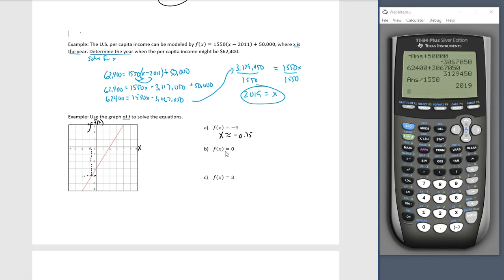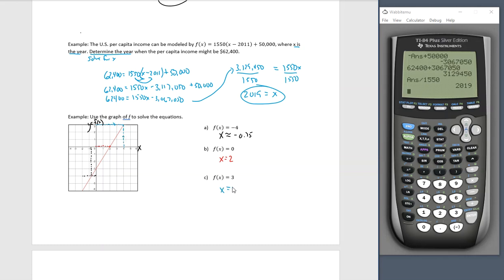Let's do f of x equals 0. So if my y value is 0, that's here. A y value of 0 hits the graph right here at x equals 2. Finally, if f of x is 3, if the y value is 3, that happens to be this top line right here. If I drop it down to find the x that goes with it, let's put some arrows here.